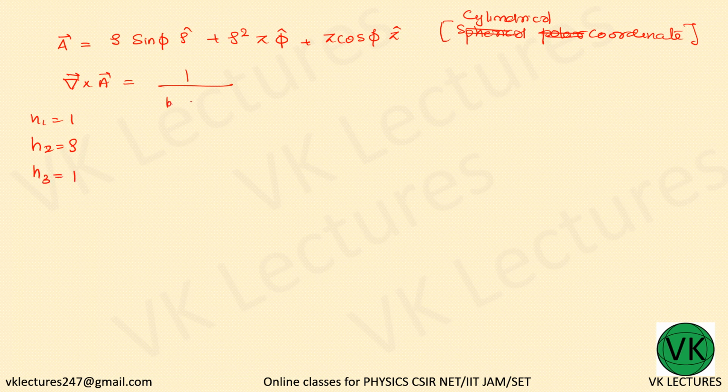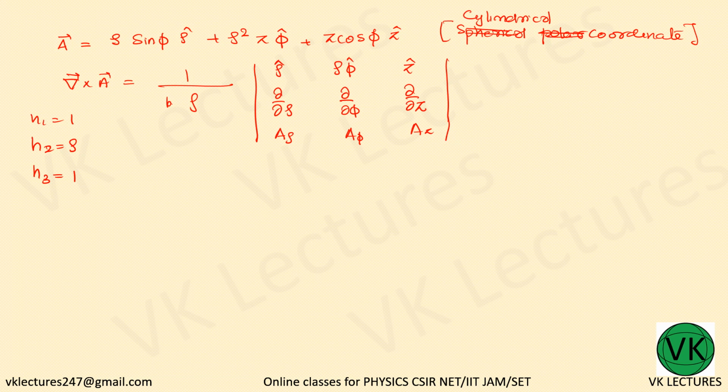So 1 by rho into rho cap, rho into phi cap, then z cap, dou by dou rho, dou by dou phi, dou by dou z, and A rho, A phi, A z.